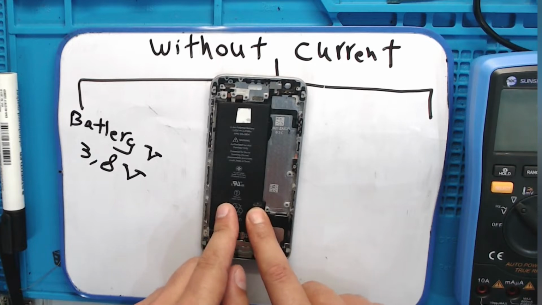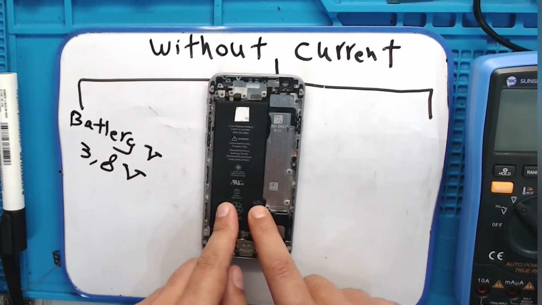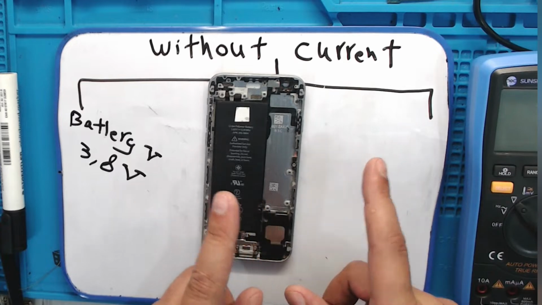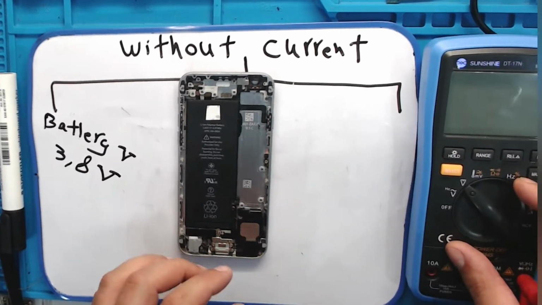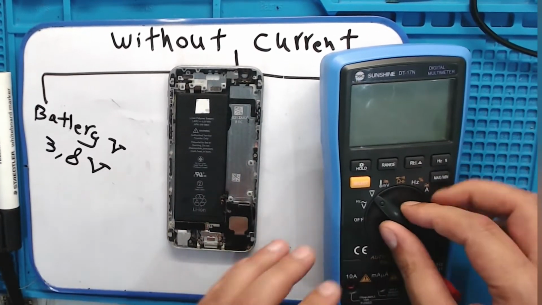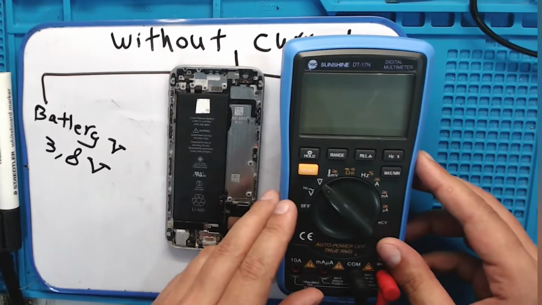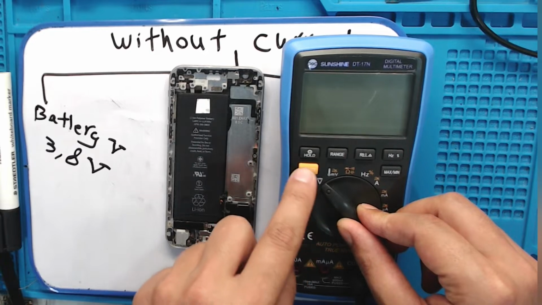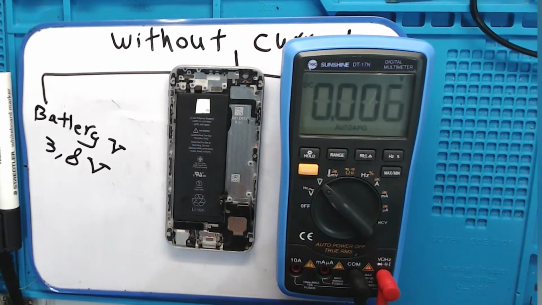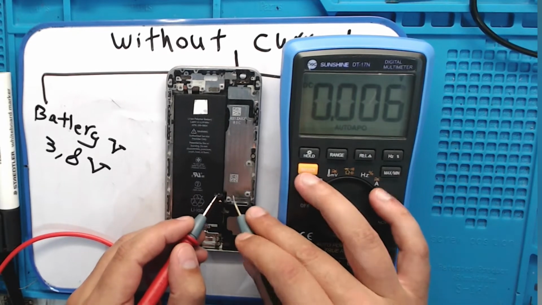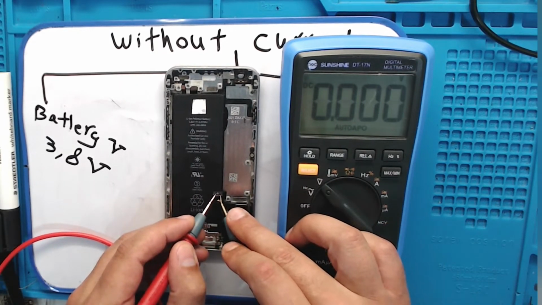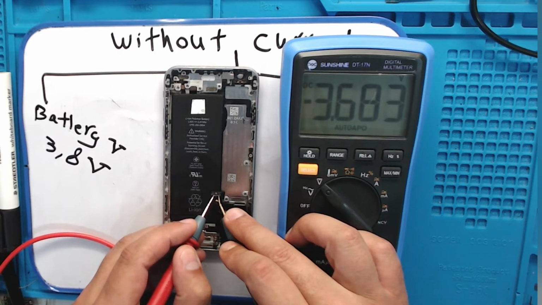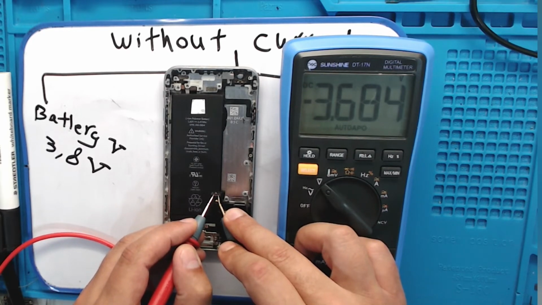The iPhone 6 battery has a flex cable. You just need to find the positive and negative side. Now bring the multimeter. Put the selector on DC voltage and turn it on. Put one probe on this side and the other on this side, and it shows negative 3.6 volts.